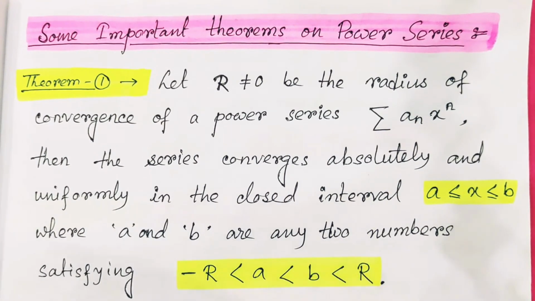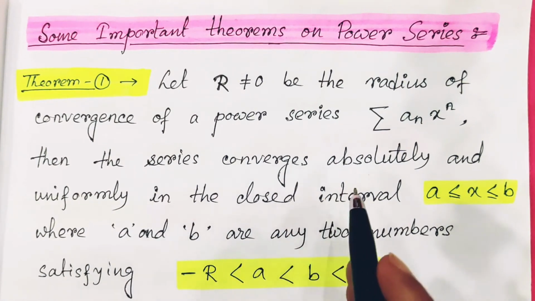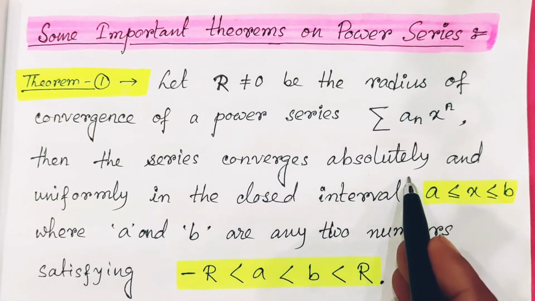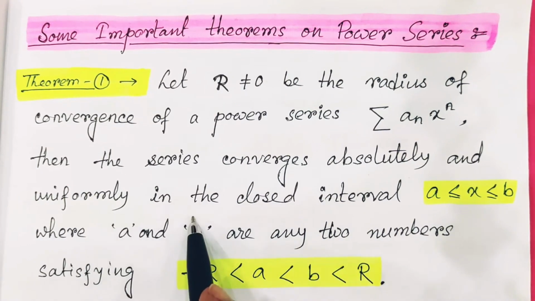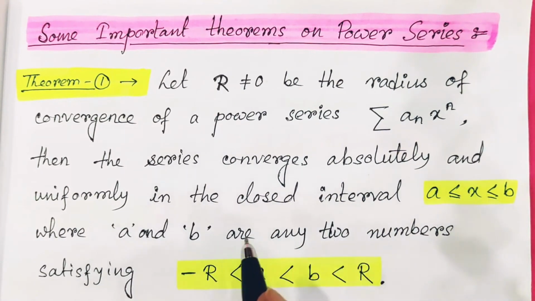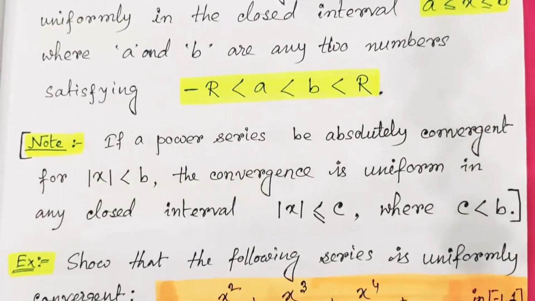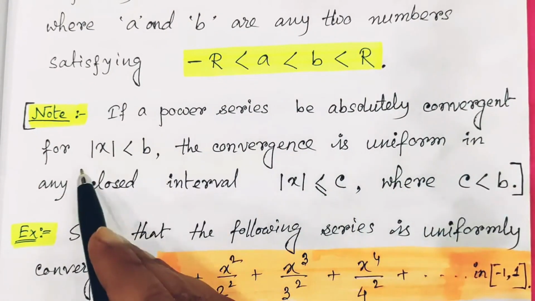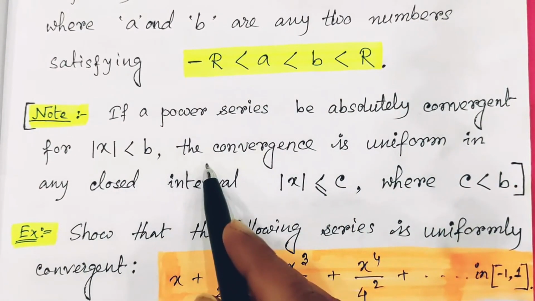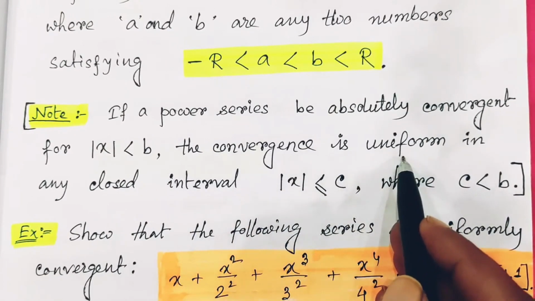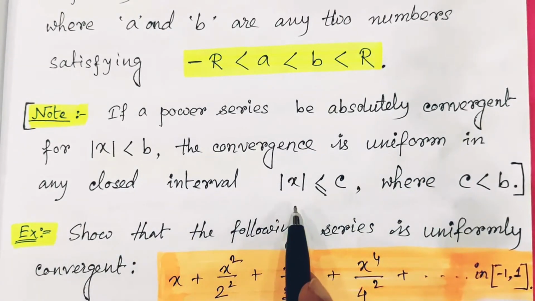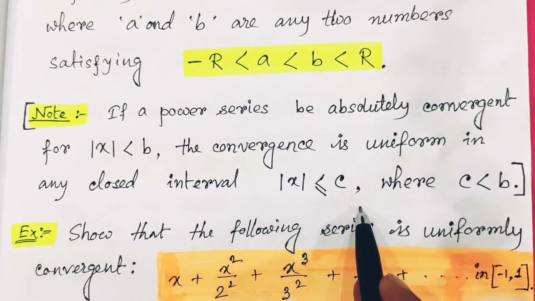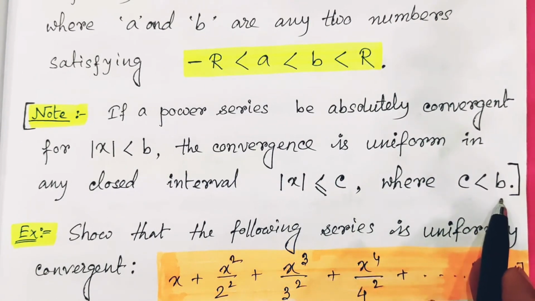We all know what the absolute convergence of a series is, but for uniform convergence I am telling you when a series is uniformly convergent. If the power series is absolutely convergent for mod x less than b, the convergence is uniform in any closed interval mod x less than or equal to c, where c is less than b.